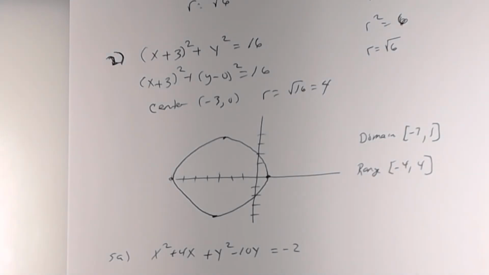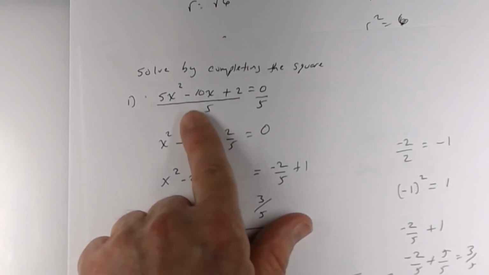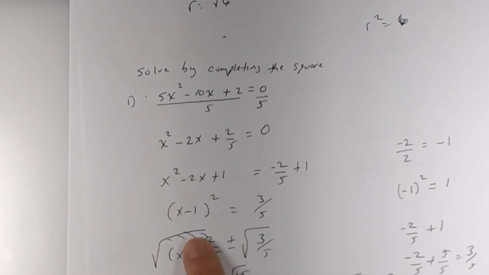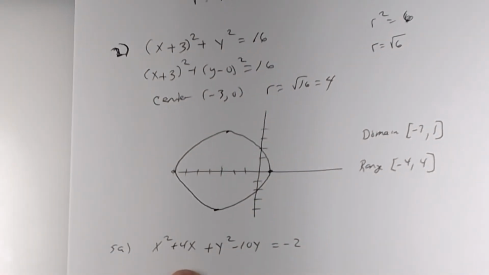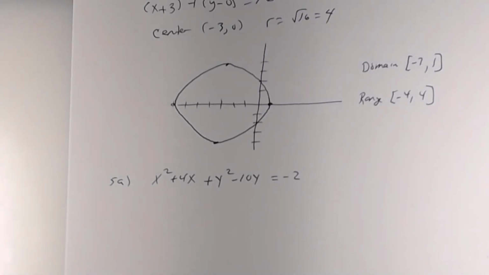When I solved this quadratic equation, you only had one variable x, so I only did the process once. Here, I've got x's and I've got y's. So I've got to complete the square twice. You complete the square on the x's, and you complete the square on the y's.